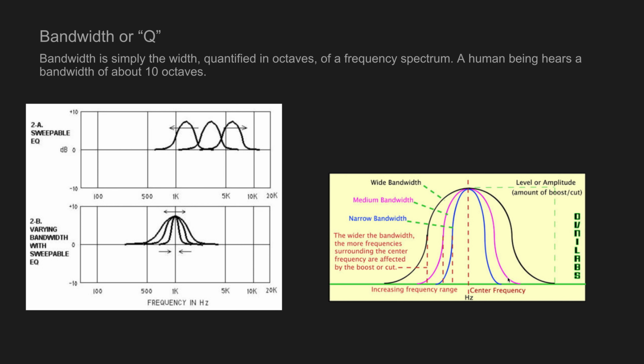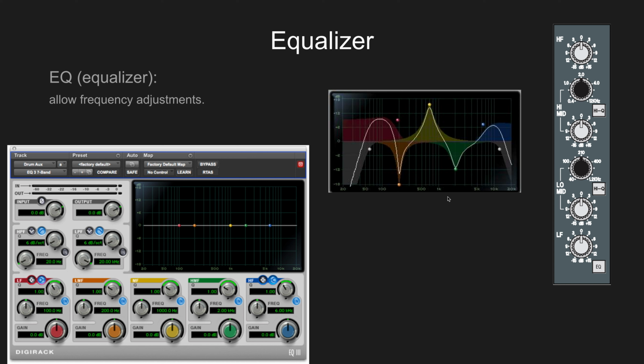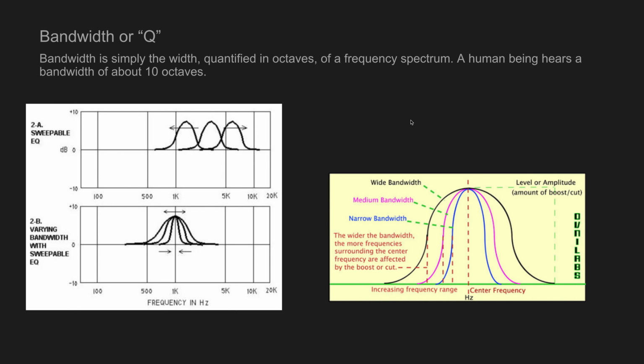All right, let's talk about types of EQs. We talked about a couple already, but a sweepable EQ has a boost/cut control to determine the severity of the EQ, and the frequency selector lets you slide the bandwidth through a specific range. Technically, the one we saw over here is a sweepable EQ. The parametric EQ is the most flexible and powerful tone control.